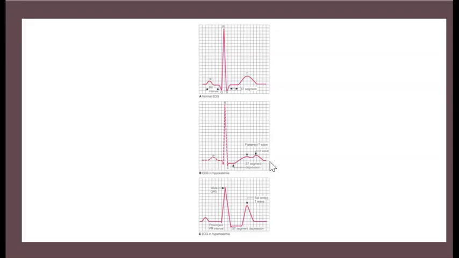And that's going to be your hypokalemia, your low potassium. And then down here, you've got your hyperkalemia, and that's going to be your tall, tented T wave and wide QRS, prolonged PR interval, and ST segment depression. So those are some examples that you'll see with hypo and hyperkalemia.